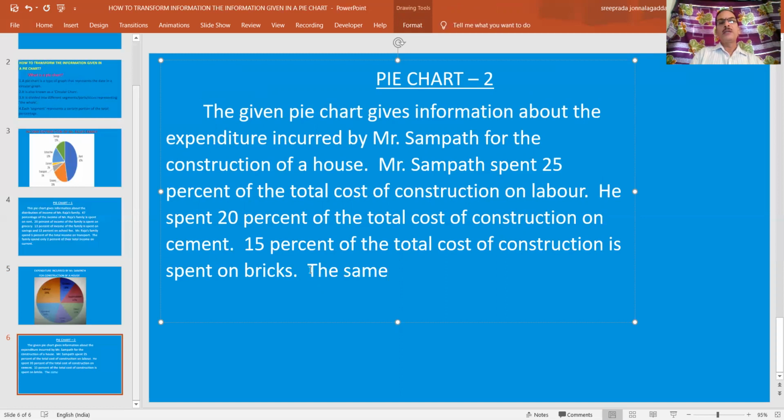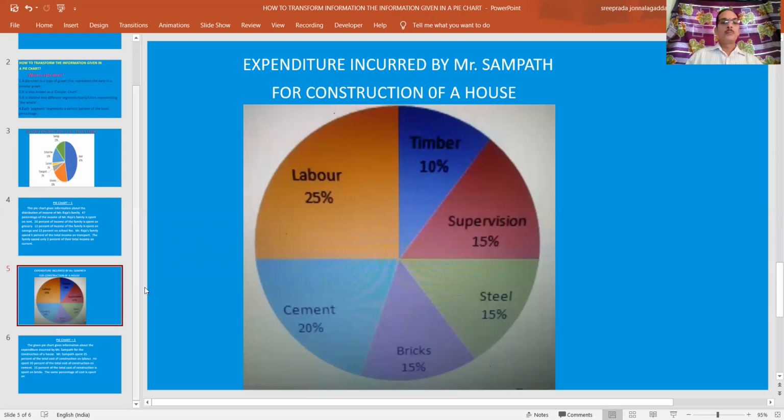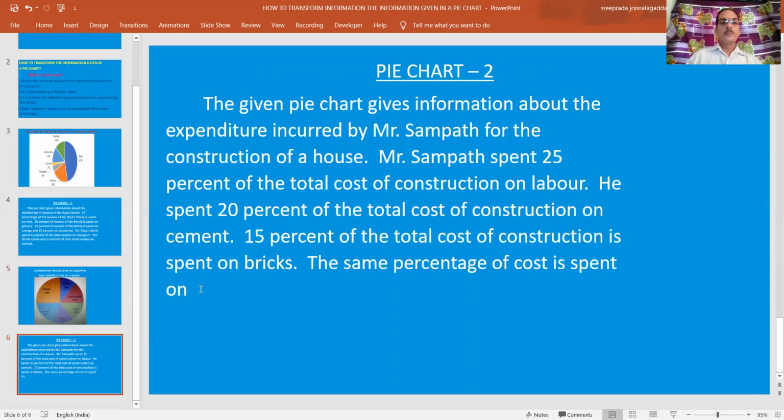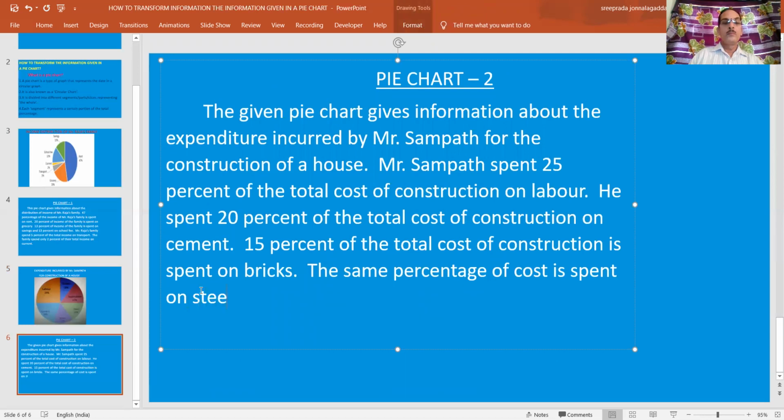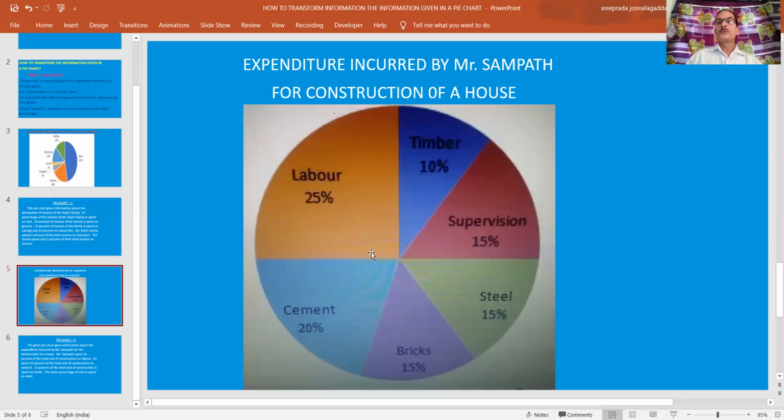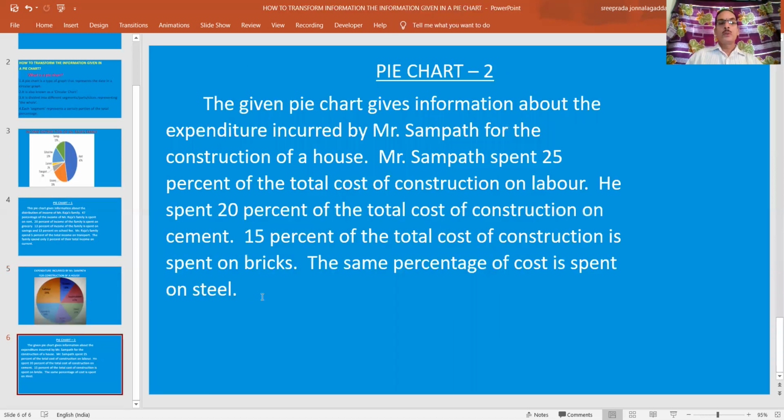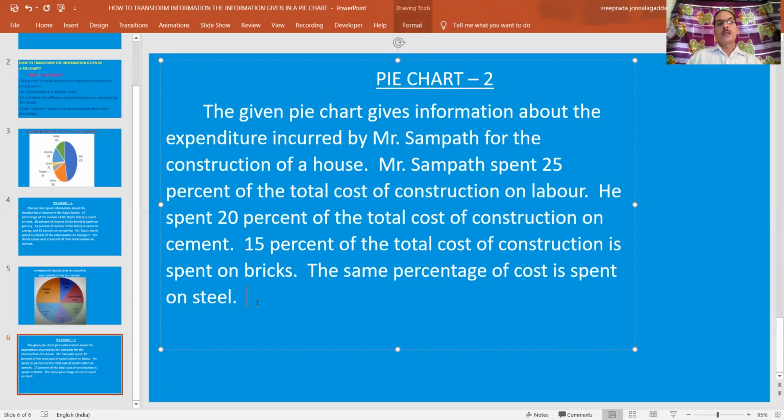The same amount, you need not write 15% again, you can write the same percentage of cost is spent on steel. And then supervision. So 15% of the total cost of construction is spent on supervision.